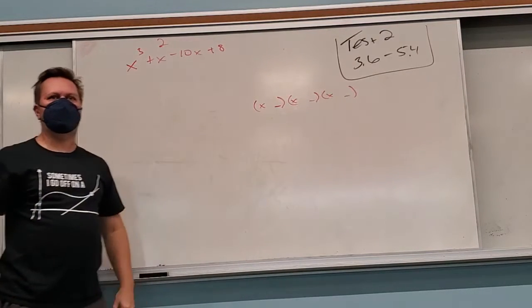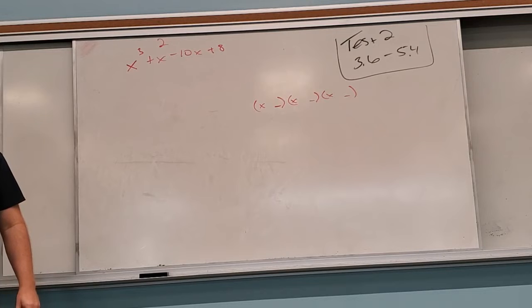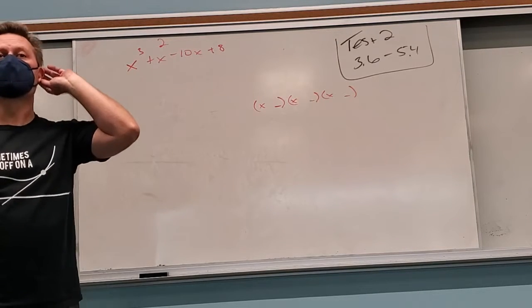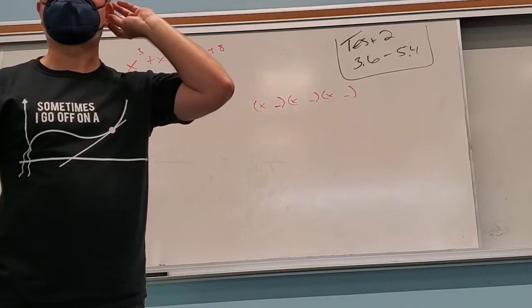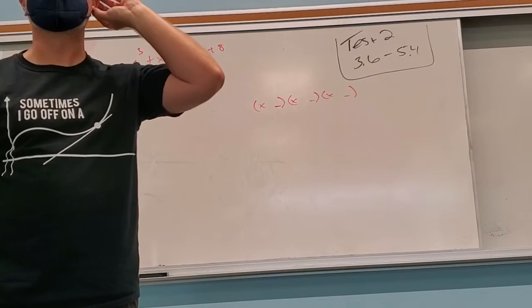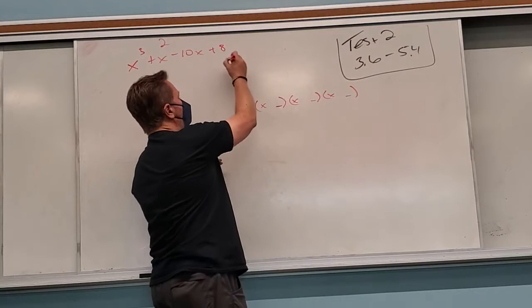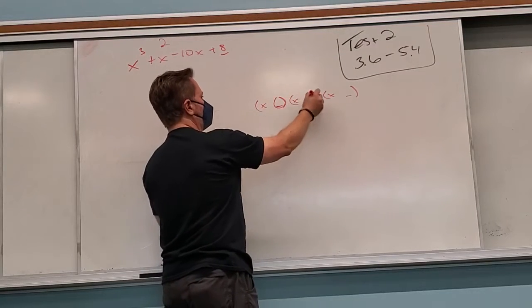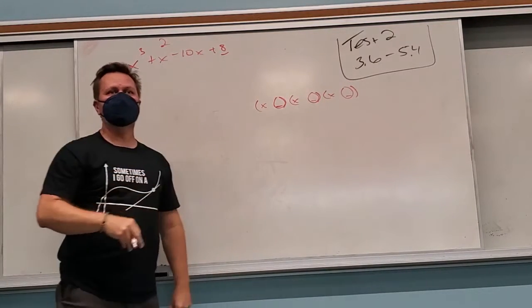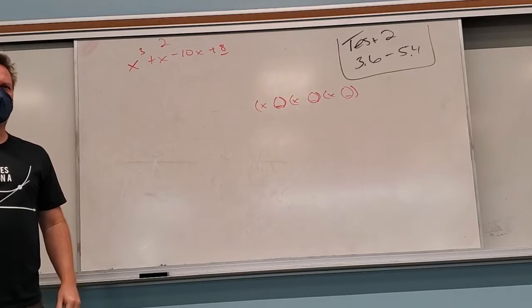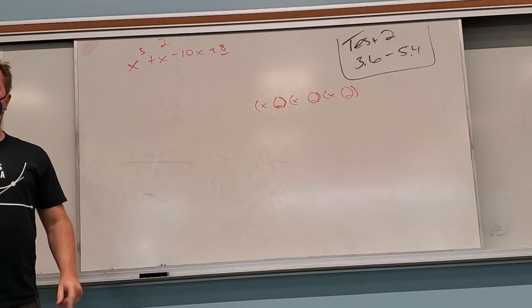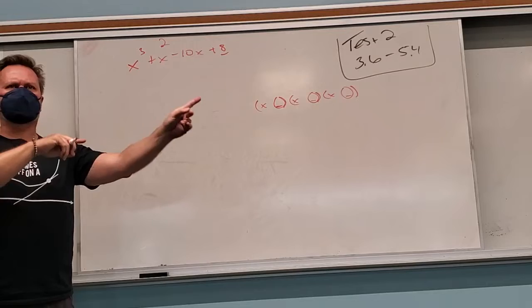There is something about the 8. If you FOIL this out, where would the 8 come from? This times this times this, yes? Are you guys kind of with me? Isn't that where the last thing always comes from? It's always the multiple of all the constants.